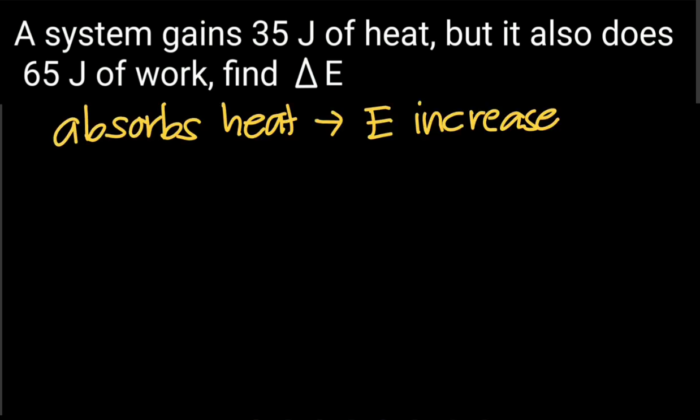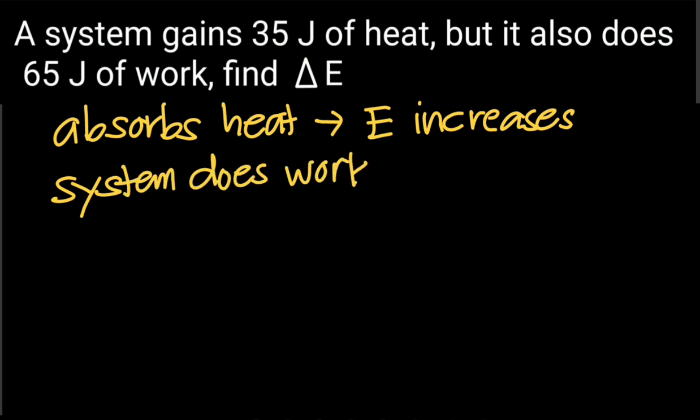When it absorbs heat, the internal energy of the system increases. And it also says the system does the work, so that means the internal energy of the system decreases.